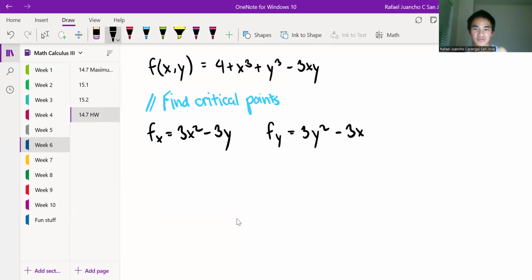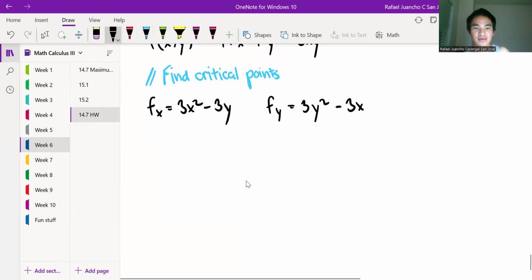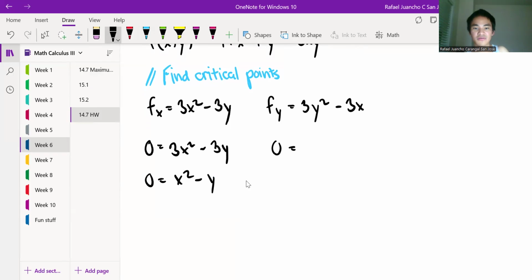So here, see how it's just kind of reversed. And then when I get my critical points, I set them to 0. Here I get x squared minus y, and here I set this to 0, I get y squared minus x. Right, so those are just two things you can notice.